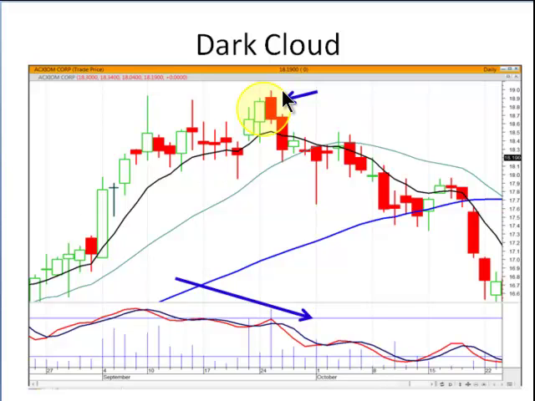A dark cloud or any other candlestick sell signal is going to be working more effectively if the stochastics are in a downward direction. We should probably step back if you haven't seen the criteria on other charts. The stochastics are in the overbought condition if they're above 80.